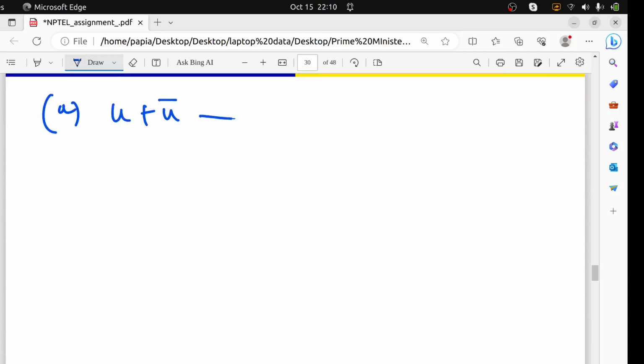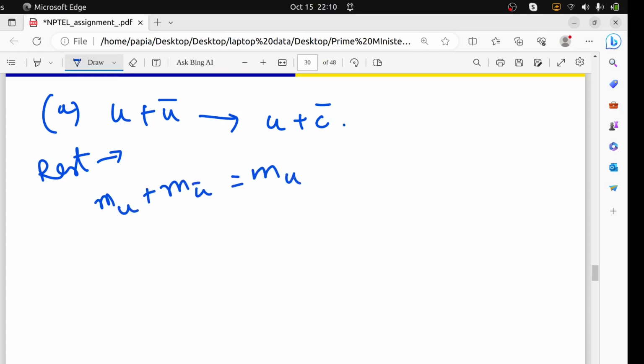U plus U bar going to U plus C bar. So first of all, in any reaction, as in the previous question also, energy should be conserved. So at the very first, we will check whether energy is conserved or not. Let us take that it is at rest. So that means M of U plus M of U bar should be equal to M of U plus M of C bar, right?